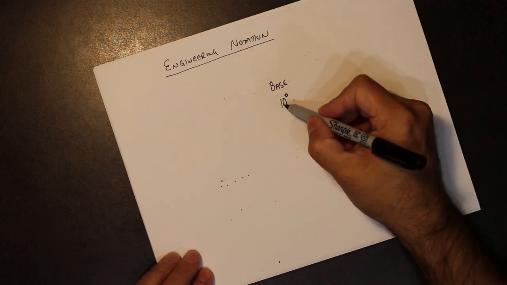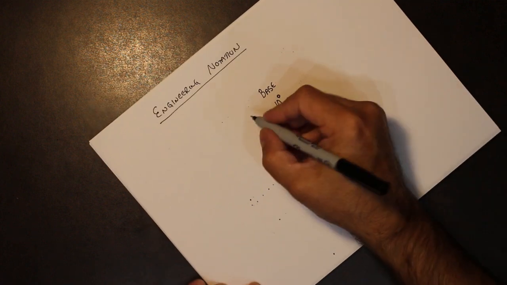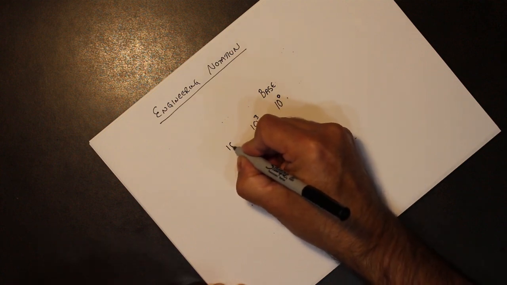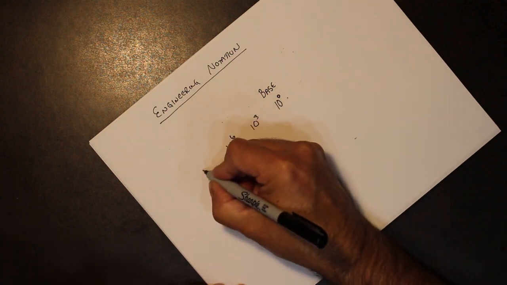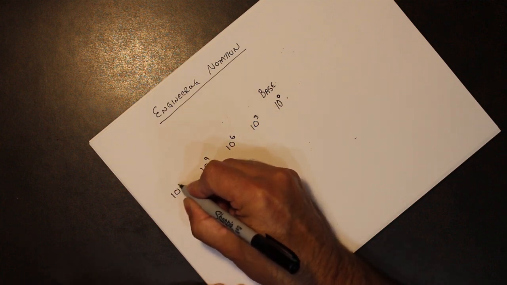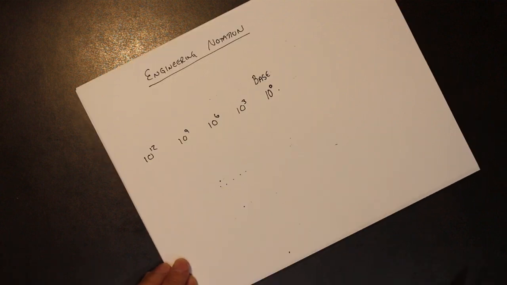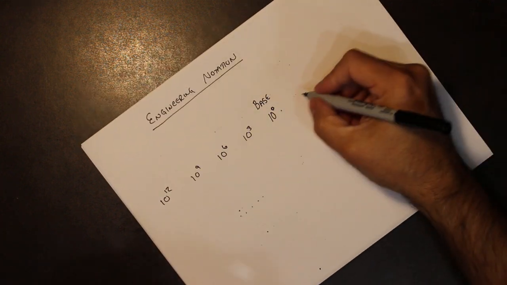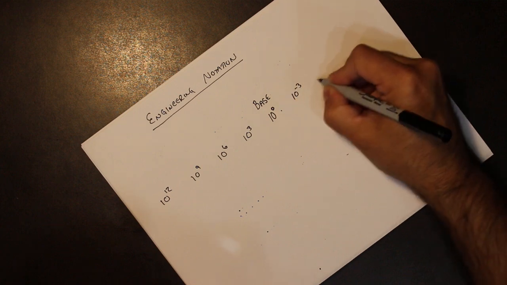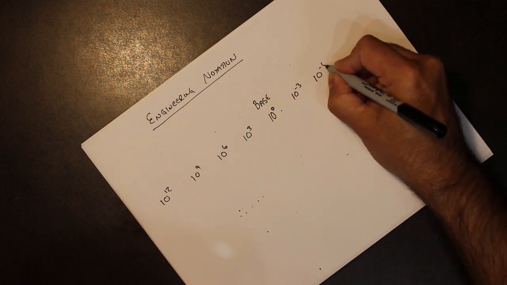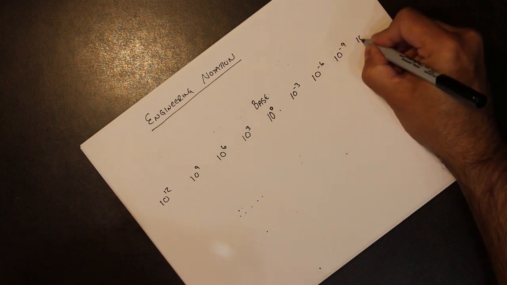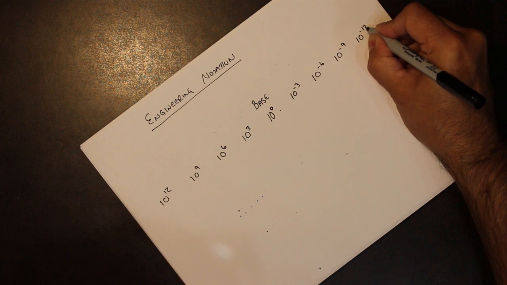Engineering notation uses a specific set of these numbers. The base is 10 to the 0. Then we have 10 to the 3, 10 to the 6, 10 to the 9, and 10 to the 12. On the opposite side, we have 10 to the minus 3, 10 to the minus 6, 10 to the minus 9, and 10 to the minus 12.